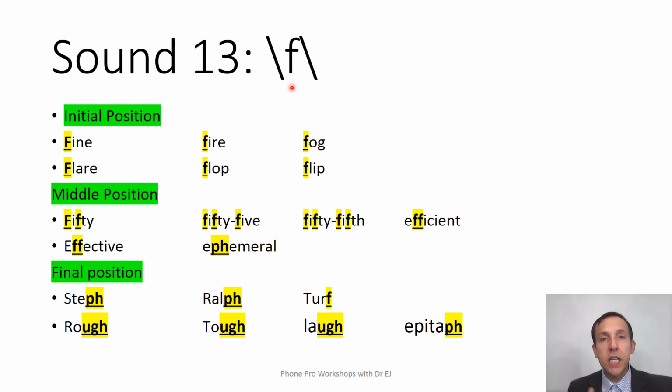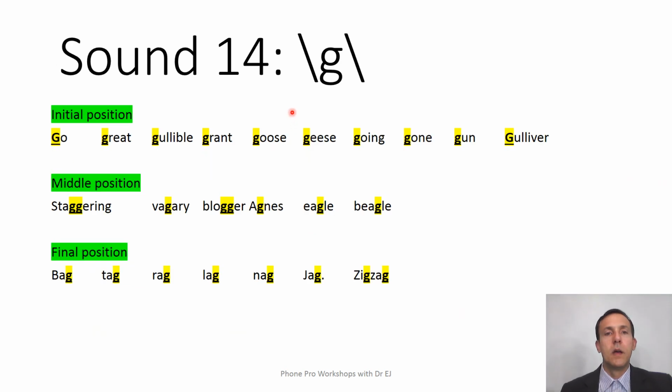Let us continue to the following sound. Okay, this is sound 14 and it's pronounced G. This phonetic symbol here is pronounced G. It can be found in initial, in middle, and final position. So let's go to the initial position examples. Please repeat after me.